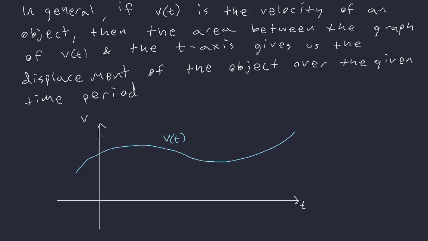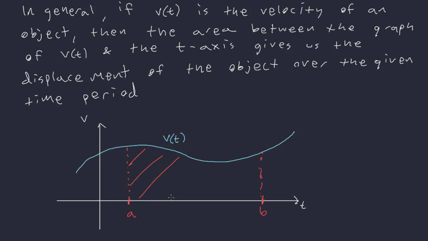So say we have the graph of the velocity of an object, and we look at the area beneath the graph, or between the graph and the t-axis, which we typically call beneath or under. And let's say we're looking at it from t equals a to t equals b.